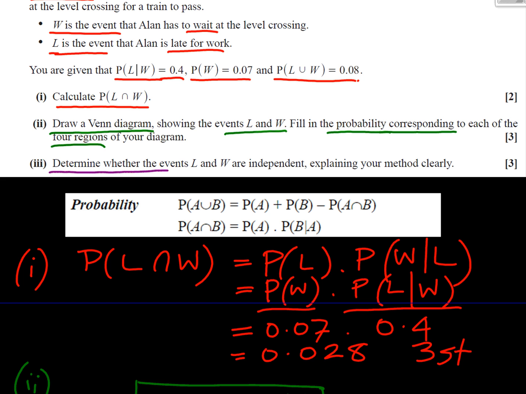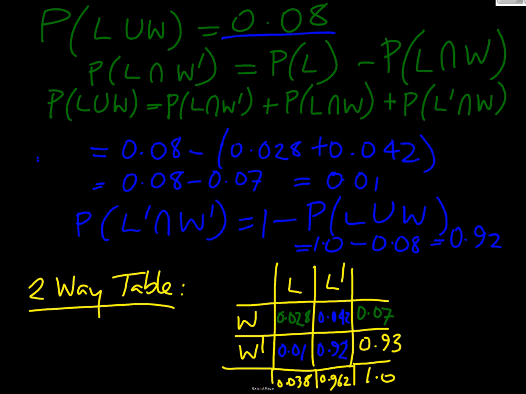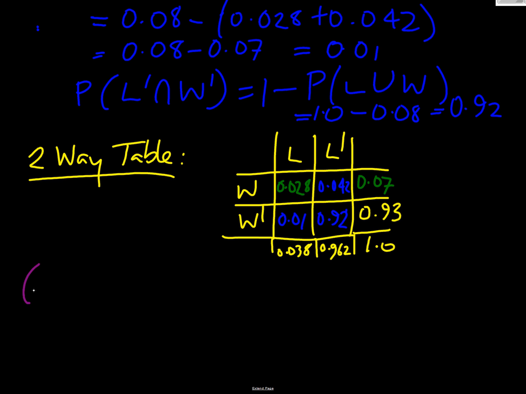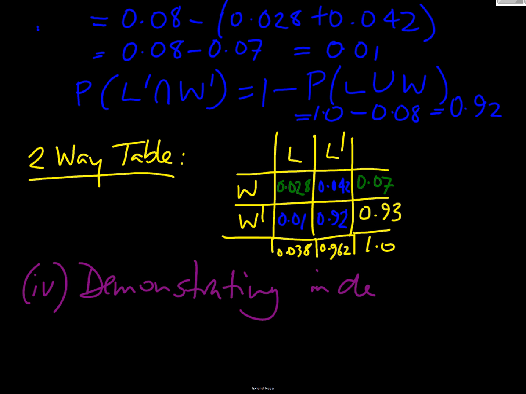Determine whether the events L and W are independent, explaining your method clearly. Okay, let's have a think about different ways of explaining this. There are basically two ways of demonstrating independence. I'd start with one of two criteria.